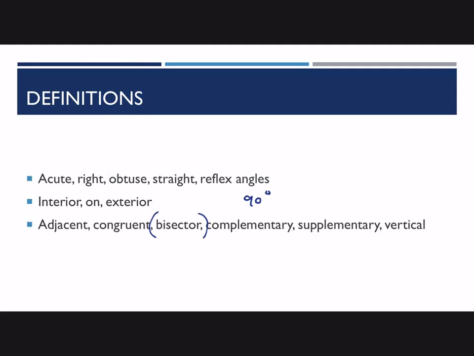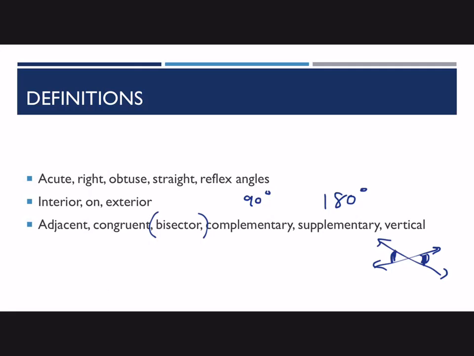Supplementary angles are two angles which add up to 180 degrees. And then vertical angles are formed when you have two lines that intersect, and the angles opposite from each other are vertical. We also know a fact about vertical angles, and intuitively you can see that they're the same measure. So all vertical angles are also congruent.